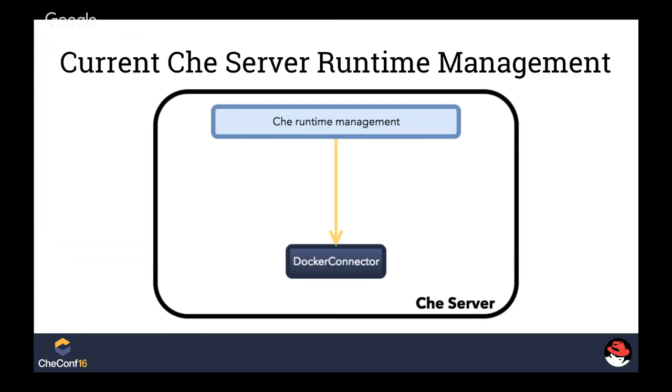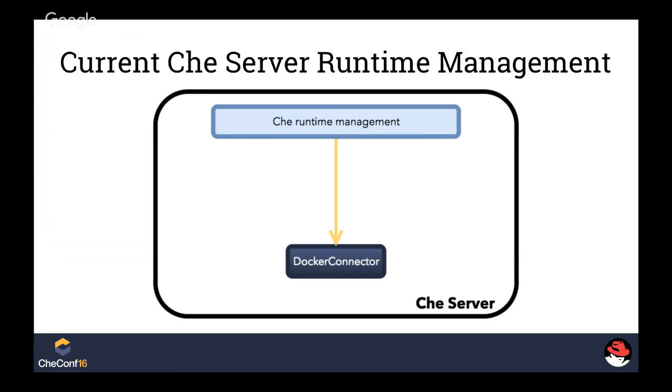Today, there is a module of Che that is responsible for creating runtime environments, and that's the Che runtime management. It uses a Docker connector, basically a Docker client, that can start workspaces for the Che runtime management.